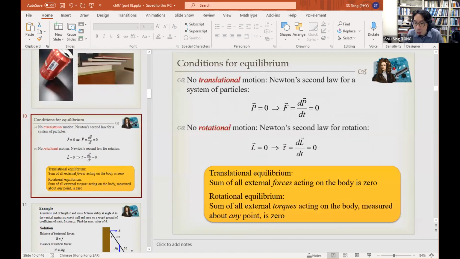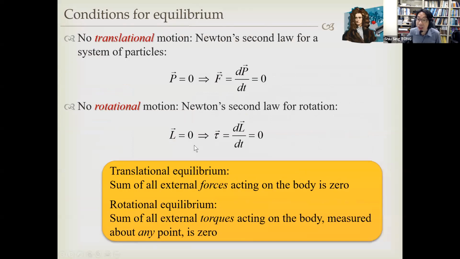Now we discuss the condition for equilibrium. In your high school physics, you already met the condition for translational equilibrium. When your object is not in motion, the total momentum of the object is 0, and that means the rate of change of momentum of the object is also 0.